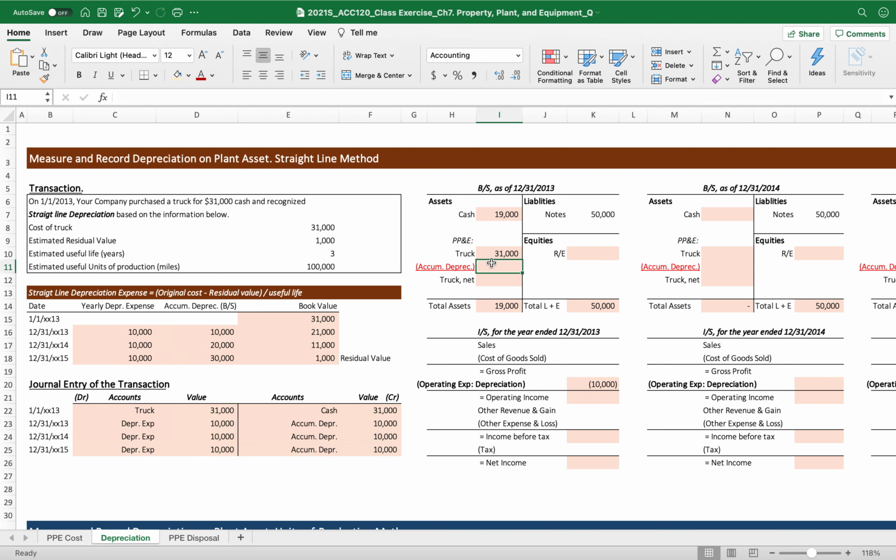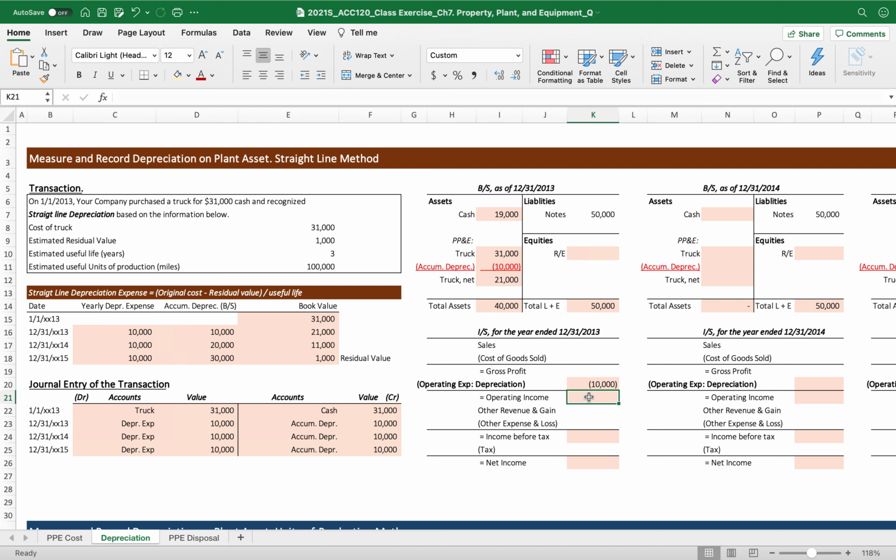And then accumulated depreciation is a contra account that reduces the book value of this asset. So $10,000. The reason why we put the accumulated depreciation on the credit is that this is the contra asset account that reduces the asset amount. So the truck net book value is $21,000, as you can see here, right?